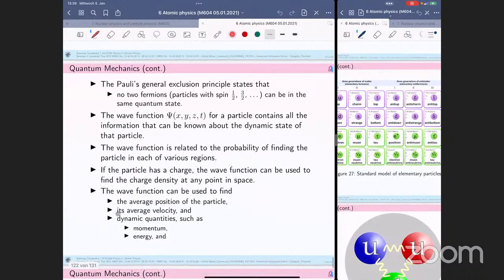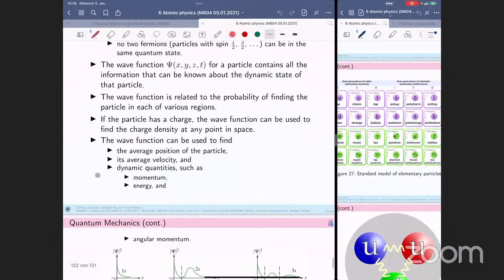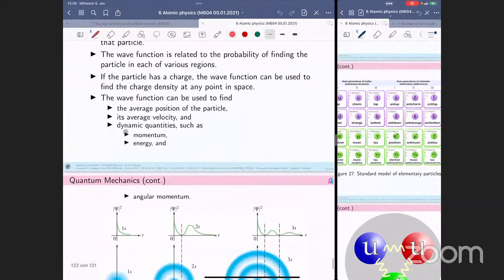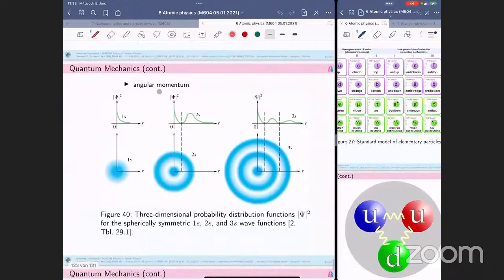For example, if you want to find the average position of this particle, or the average velocity of this particle, or the dynamic quantities, for example momentum, energy, and angular momentum.